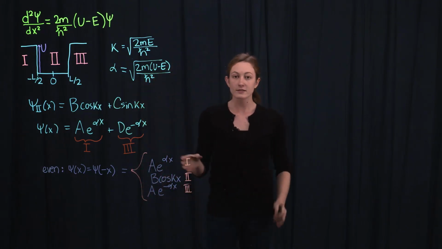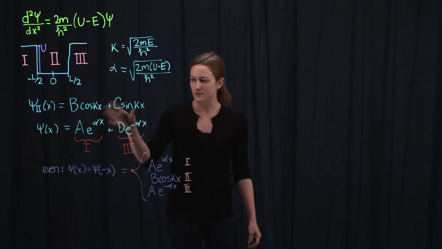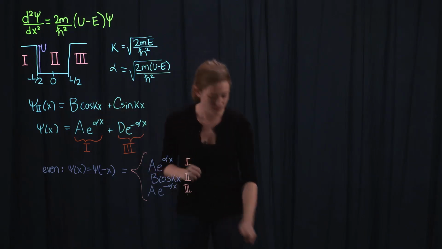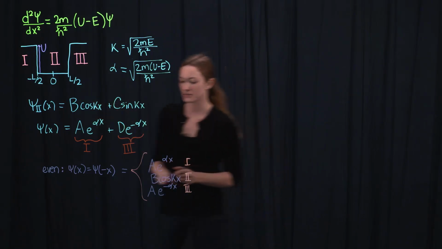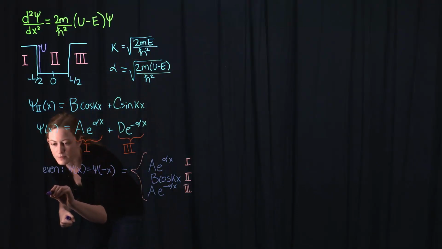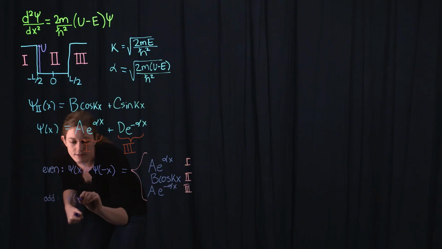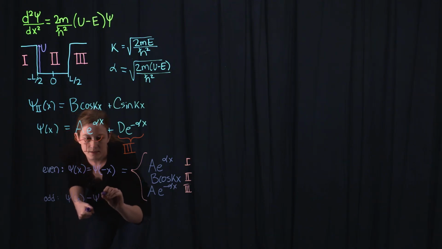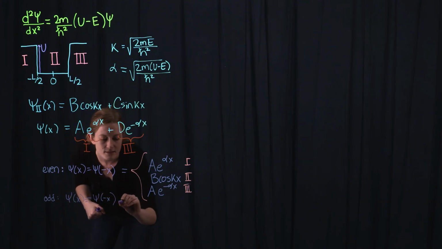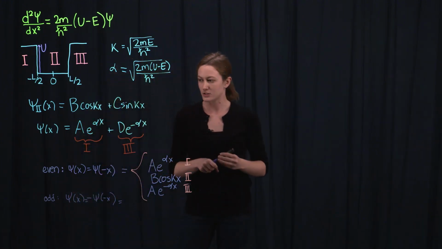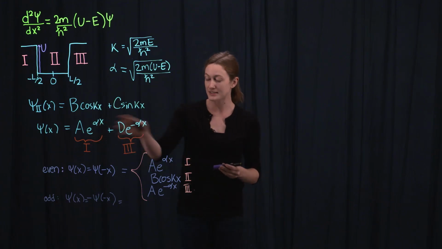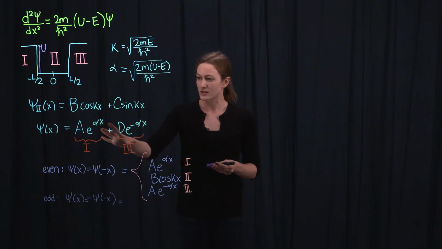And the other type of solution that comes out of solving all of the continuity conditions are odd type solutions, by which I mean psi of x equals minus psi of minus x. So for the odd types of solutions, we'll have A equals minus D in regions 1 and 3.